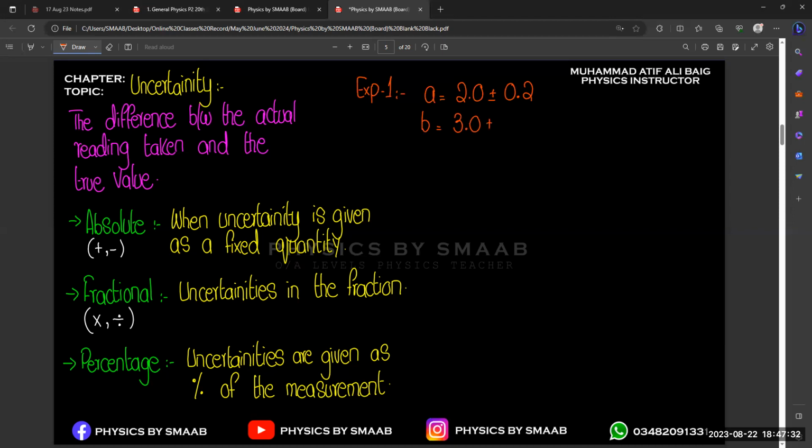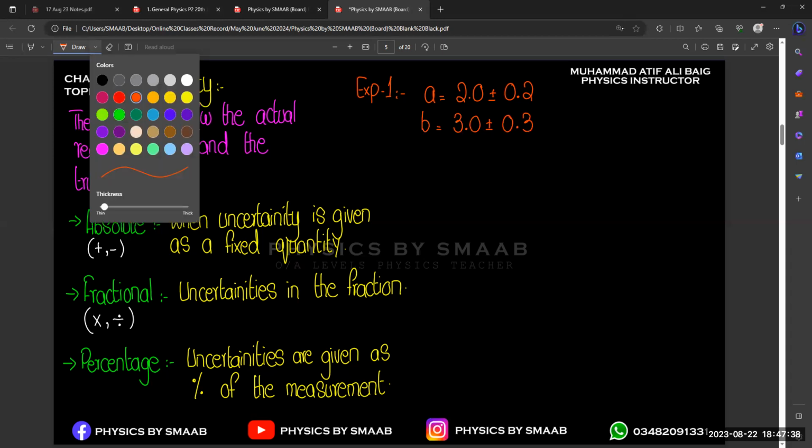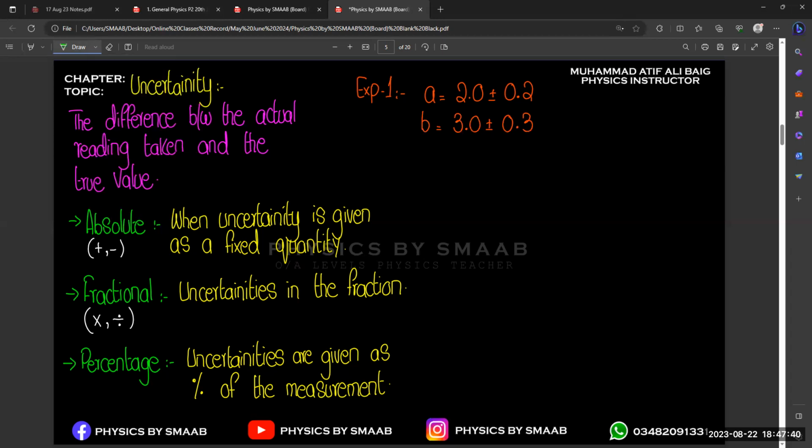Okay, so that is uncertainty, right? And the second value is B. In the question they are asking, find the quantity C, which is equal to A plus B. So how are you going to find the uncertainty?